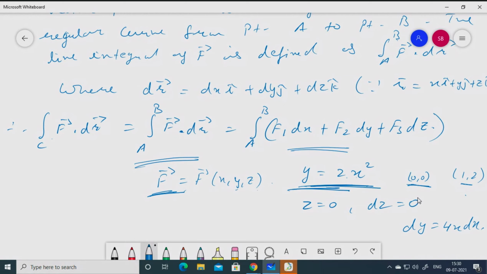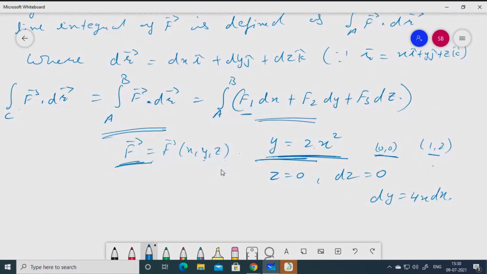Understood all of you what I am trying to say? Okay, so in f1, f2, f3, x will be as it is, y will be replaced with 2x square, and z is 0. Now dx will be as it is, dz is 0, and in place of dy you will write 4x dx. Since now you have written f1, f2 and everything in terms of x, the limits of x need to be substituted.